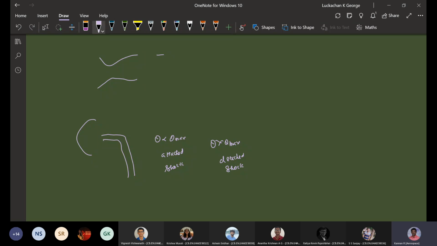Here, if I am going to keep the model over there, how are you going to measure the force and balance?